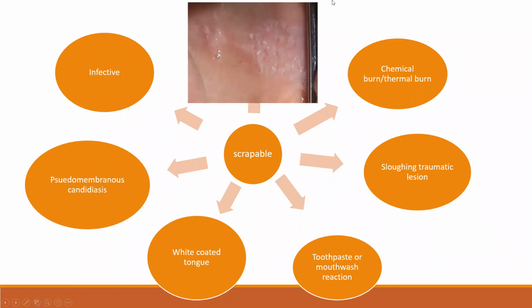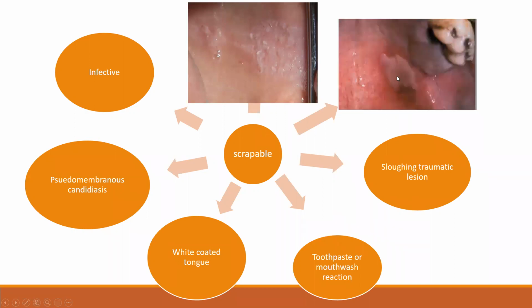This was a picture of morsicatio buccarum. It is considered scrapable because only these tissue tags can be removed. Chemical burn or thermal burn, chemical being aspirin burn, thermal being pizza burn, can be hot beverages, can be anything. It forms an erythematous layer which is later covered by necrotic slough, which can be separated.